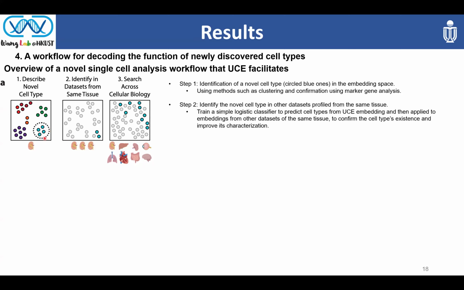They train on this embedding and use it on other data sets, and then they apply the same classifier to all other tissues. At that time, they want to find the cell types with the same pattern, maybe with some similar biological characteristic.